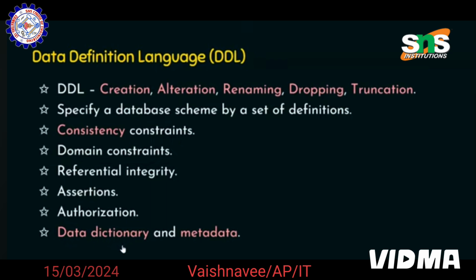And while creating the database schema, we may include some consistency constraints. What we mean by consistency constraints: let's take a bank database where there is a column in the account table where the balance column should not be lesser than or equal to 0.